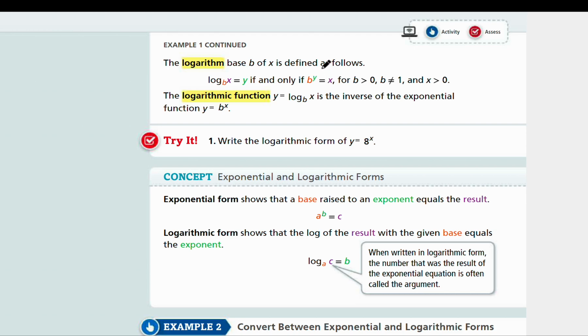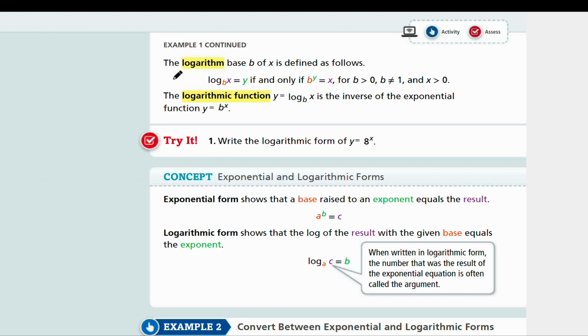When the base is positive and not equal to 1, and x is positive, you can use this. So make sure your base and x are positive if you're using this function.